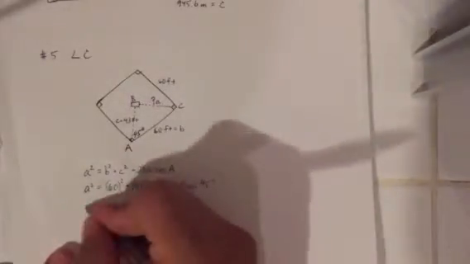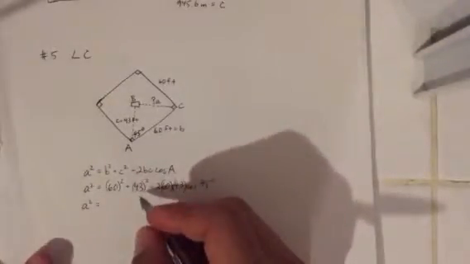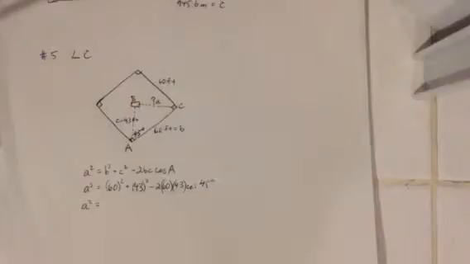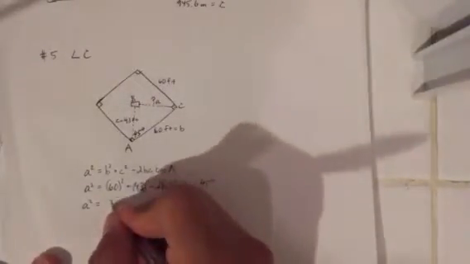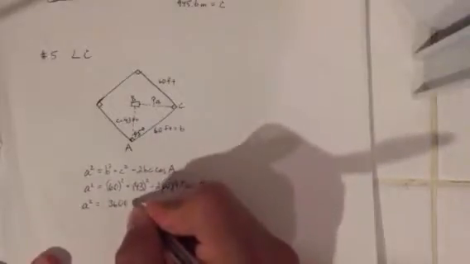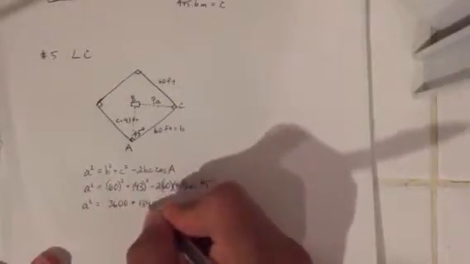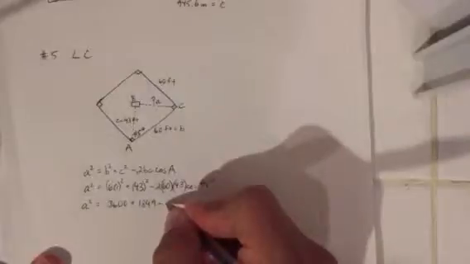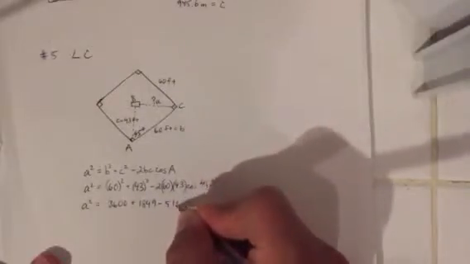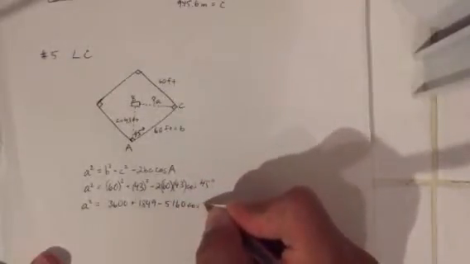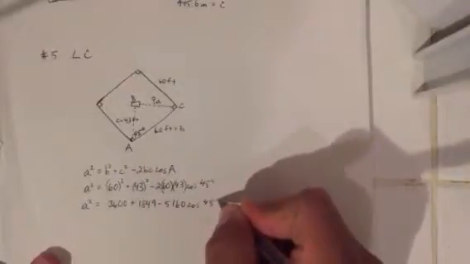Okay, and then we're going to go ahead and calculate all this out. So when we calculate this, we end up getting, I believe, let me check this out, 3,600 plus 1849 minus 5160 cosine of 45.